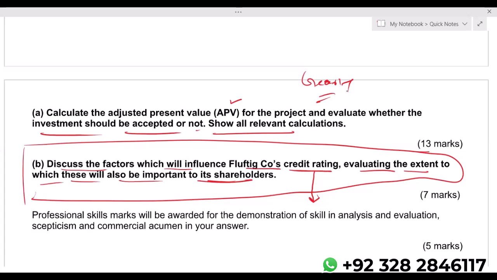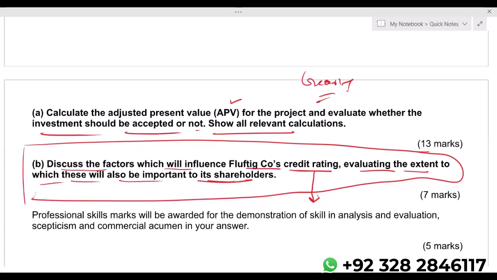Who bears the financial risk? Shareholders. Shareholders know that once your company has taken the loan, you have to make the fixed interest payments. No matter whether you are earning or not, you will have to pay the interest payments. So basically, an increase in gearing increases the financial risk for the shareholders, and due to that, returns of the shareholders will become volatile.